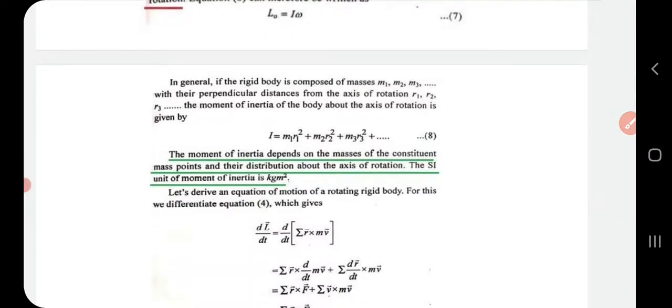Now, in general, if a rigid body is composed of masses, say small m1, m2, m3 like that, and let the perpendicular distance of each of these point masses from the axis of rotation be r1, r2, r3, etc., then the moment of inertia of the rigid body about the axis of rotation will be the sum of all these things.